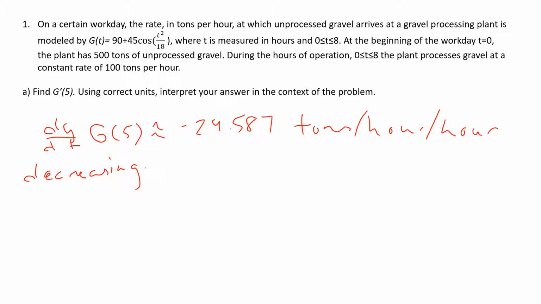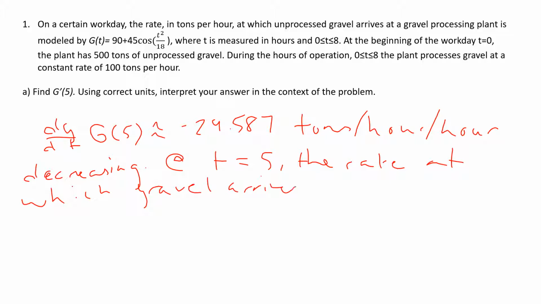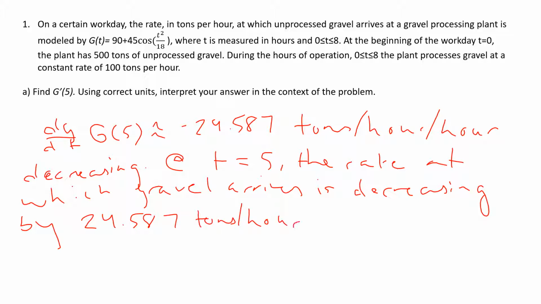In this case, at t equals 5, the rate at which gravel arrives, because G of t is the rate in function, is decreasing by, and here we'll restate our number, 24.587 tons per hour squared.